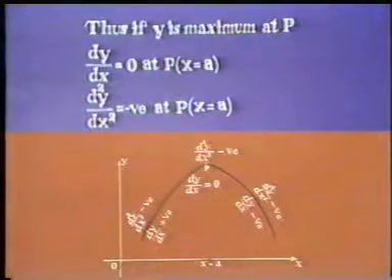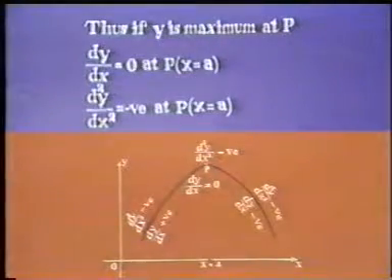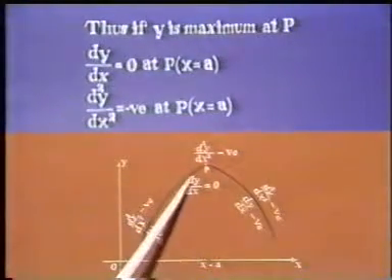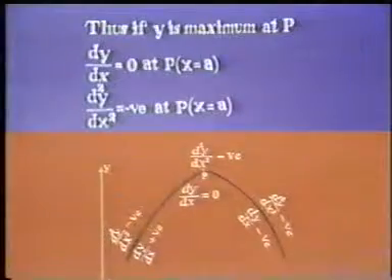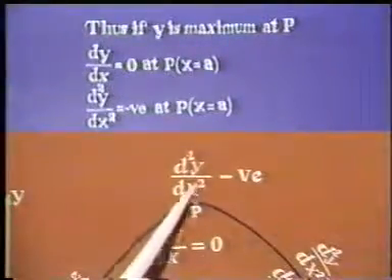Thus, if at P y is maximum, then dy upon dx is equal to 0 at P, and d square y upon dx square is negative at P.